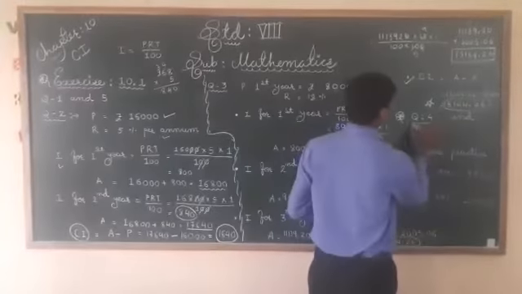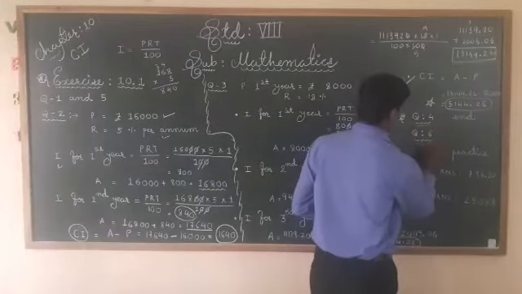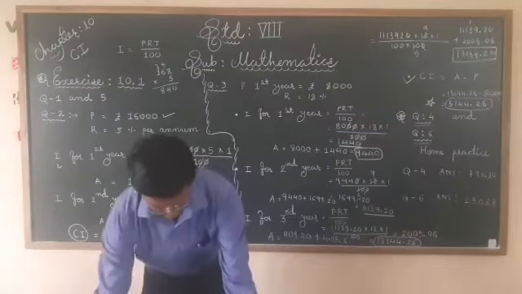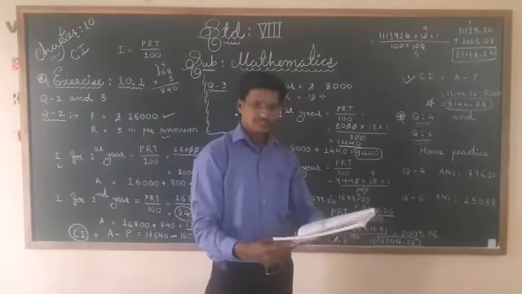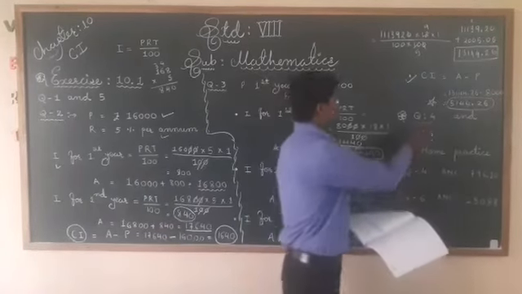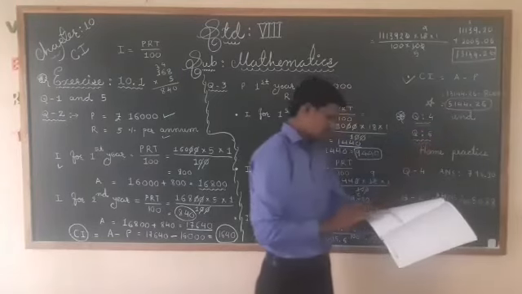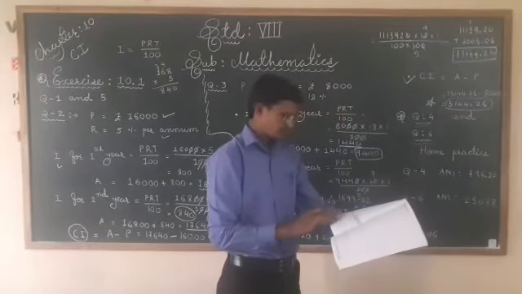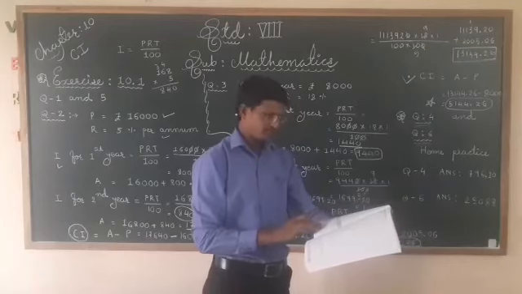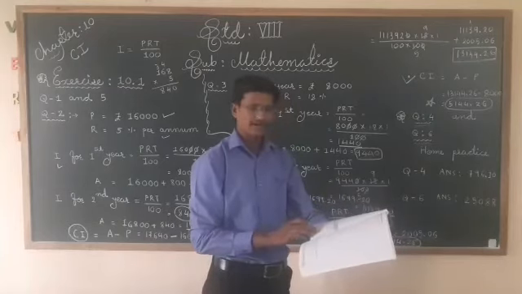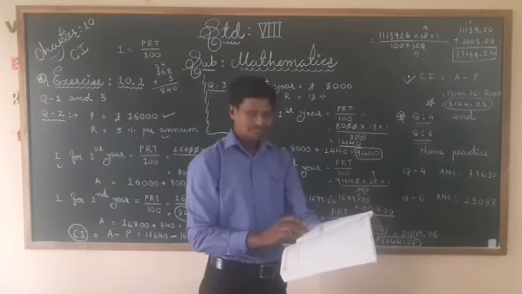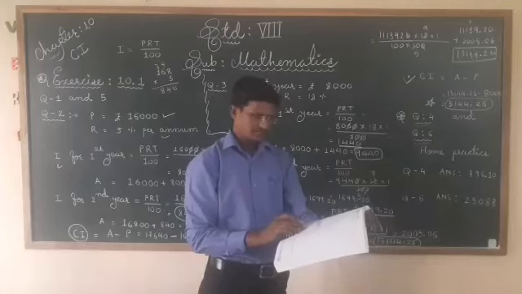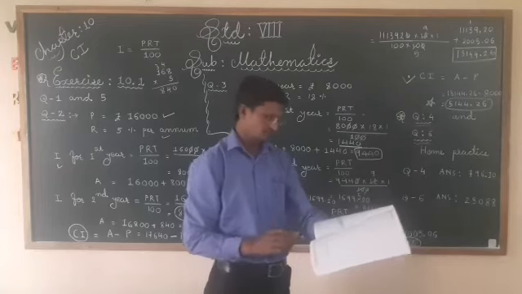Now, one thing I want to give you as home practice. Question number 4. Shyam deposited rupees 4,000 in the bank to earn interest at the rate of 9.12% per annum. So my dear student, what will you do? You will use 9 and a half, 19/2 percent per annum.